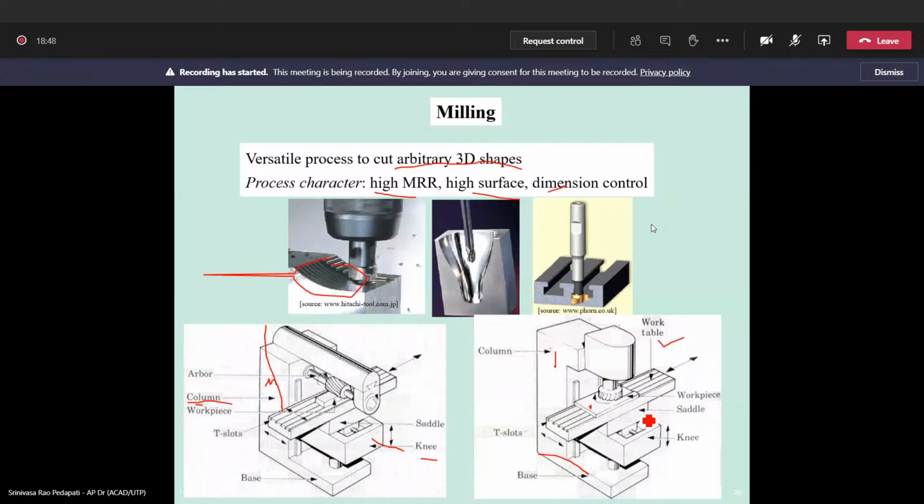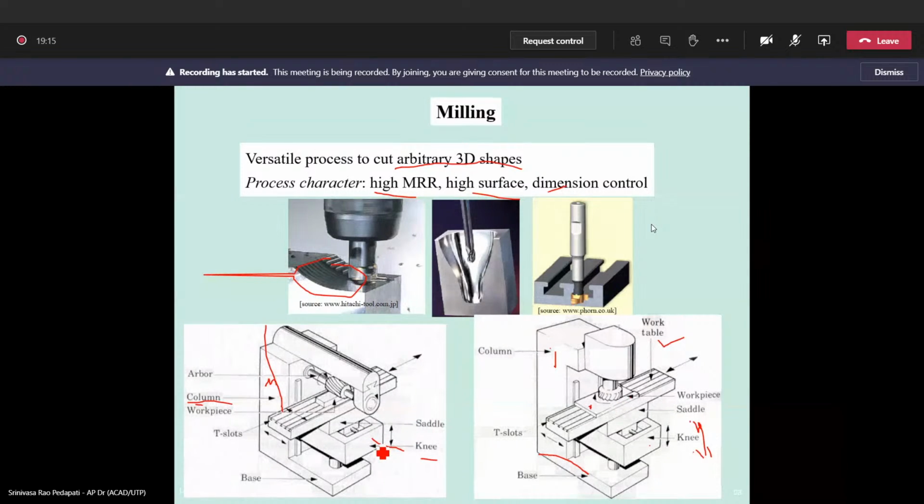The knee is where the saddle is resting, and the knee can be raised or lowered. It can be raised to accommodate a large workpiece, and it can go down. To accommodate a thin workpiece, it can come up so that it is adjusted to meet the tool.